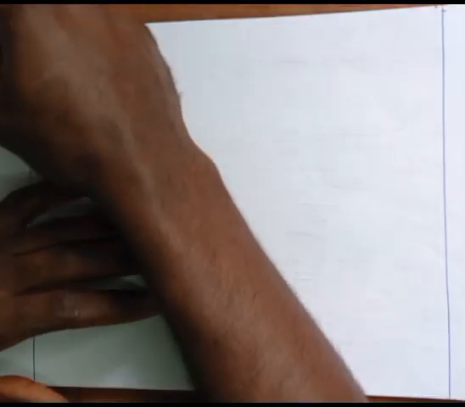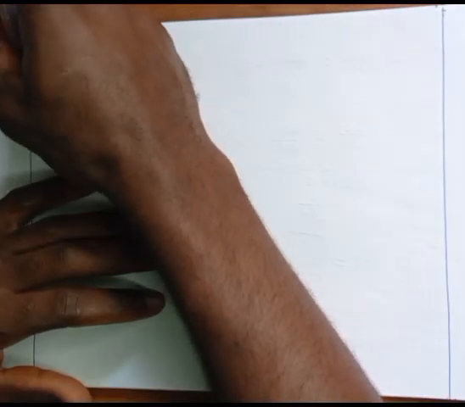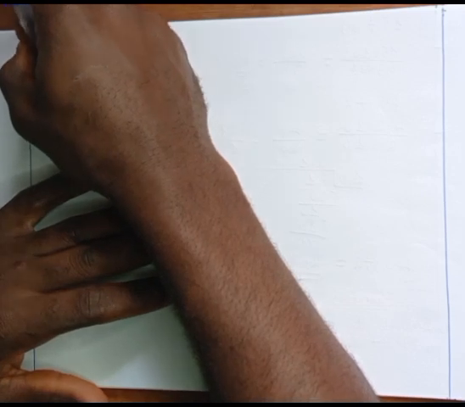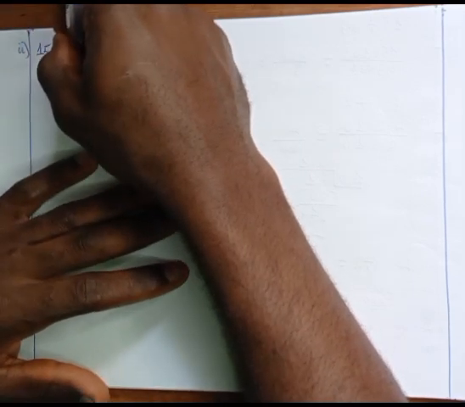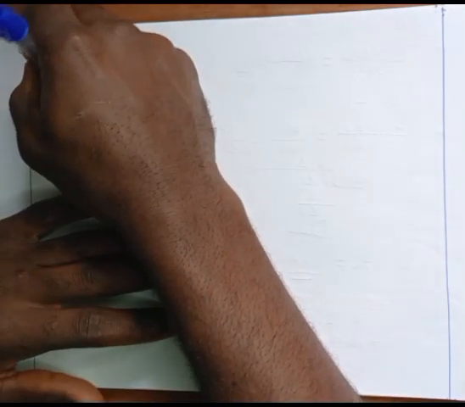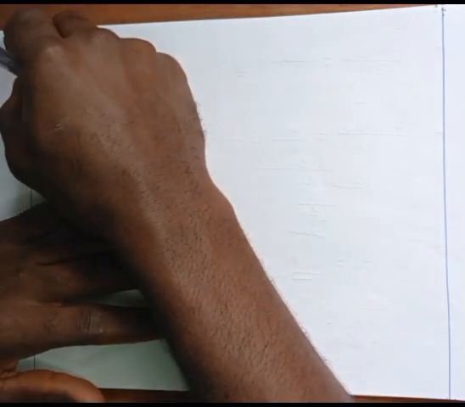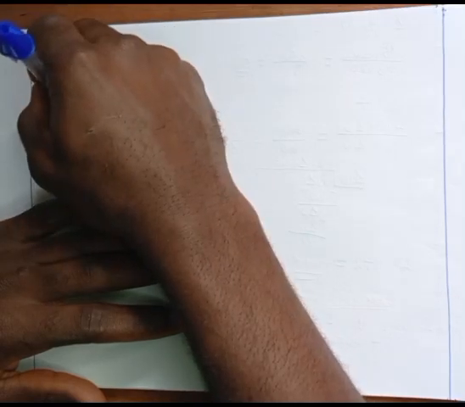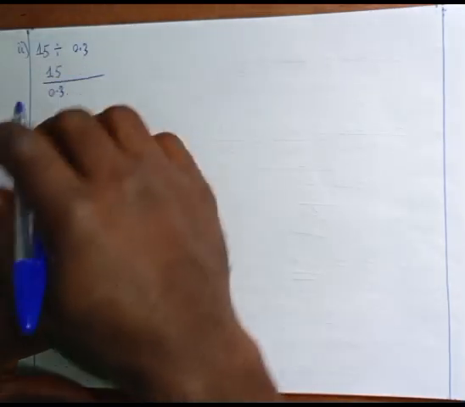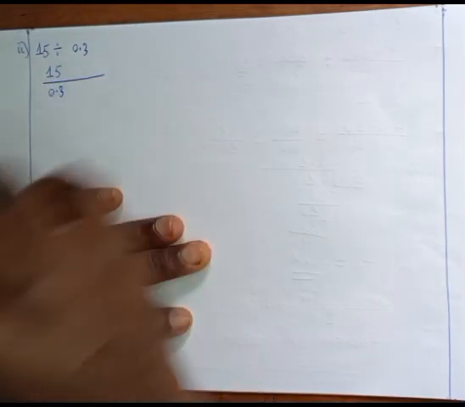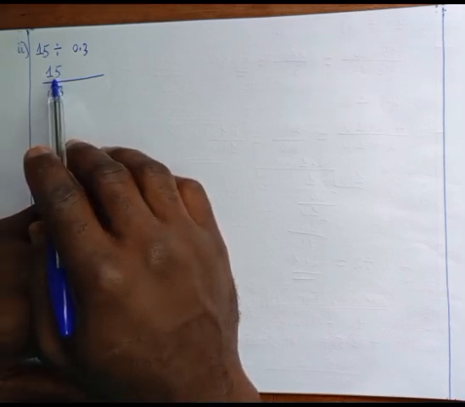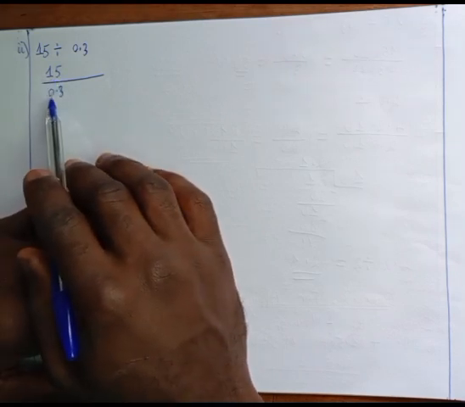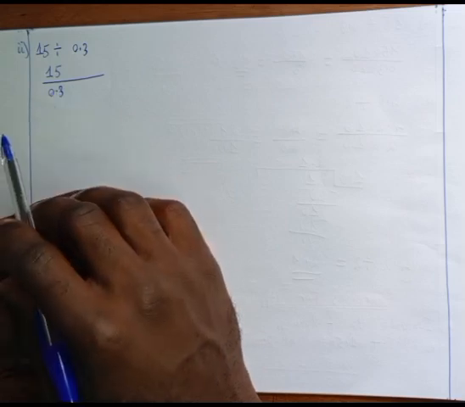We are going to take 2i. For 2i, we have 15 divided by 0.3. 15 all over 0.3. We look at the dividend and the divisor. At the dividend, we have 0 decimal places. At the divisor, we have 1 decimal place.